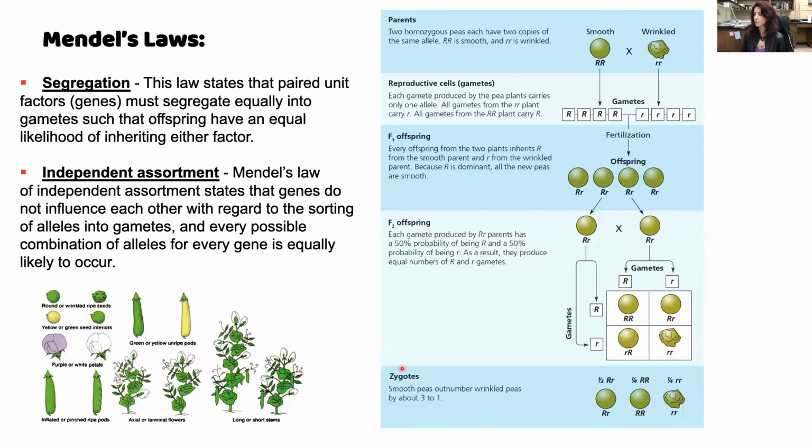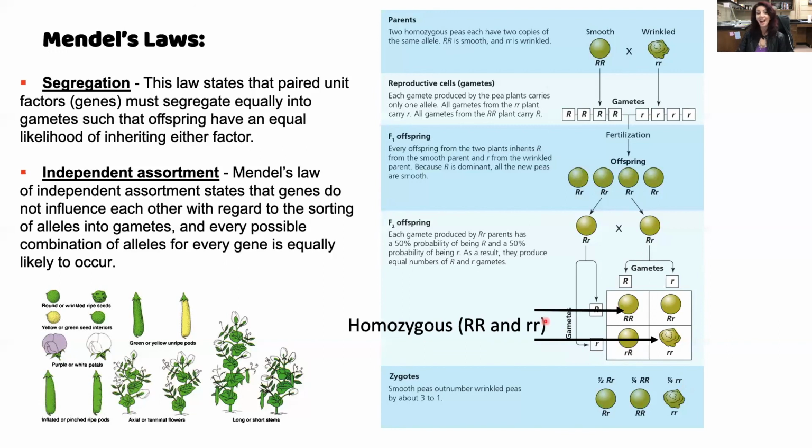So here, taking a look at the zygotes that are produced out of everything, smooth peas outnumber wrinkled peas by about 3-to-1, because here we have half of our zygotes being represented by big R, little r, smooth phenotype, a fourth being represented by big R with a smooth phenotype, and a fourth being represented by little r with a wrinkled phenotype.